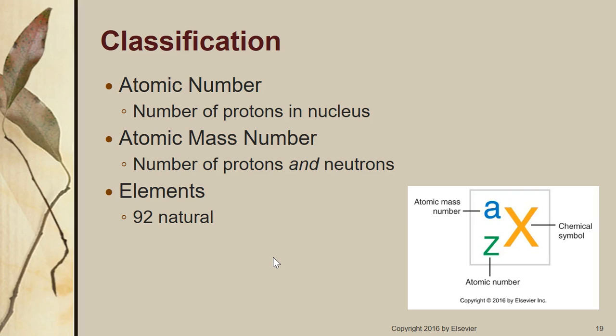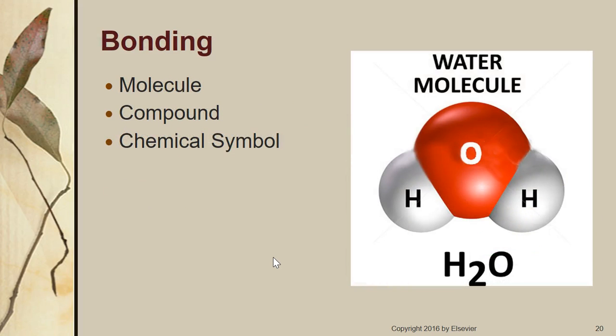So when we look at that element chart, you'll see more than 92 on the chart, but a lot of those have been created. The elements that we probably hear the most about are carbon, oxygen, and chlorine. Those by themselves are just an element. When we start combining them is when they start taking on different energies and different other things.